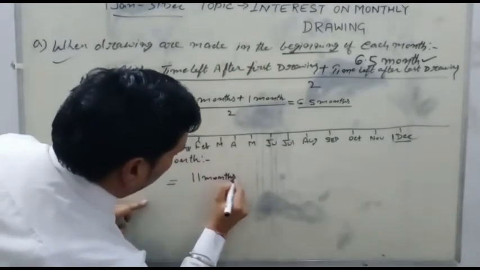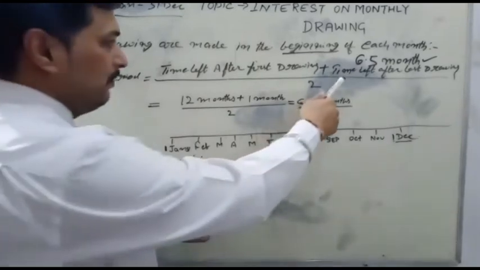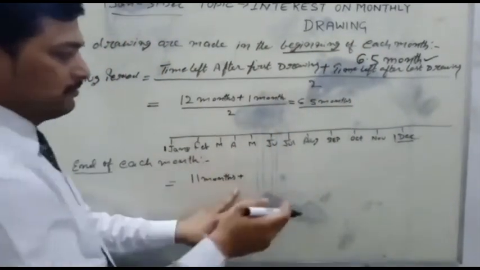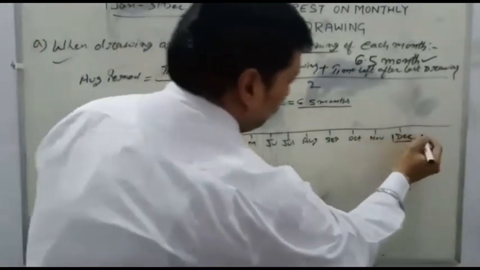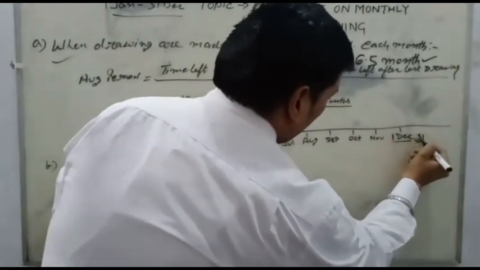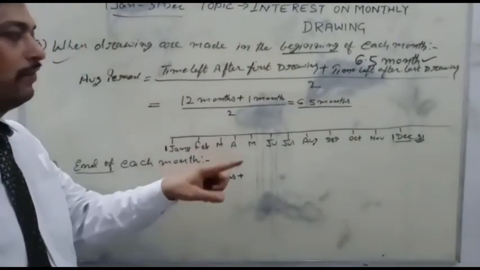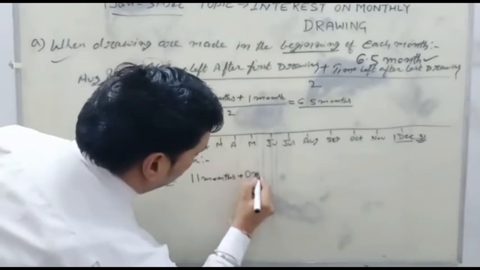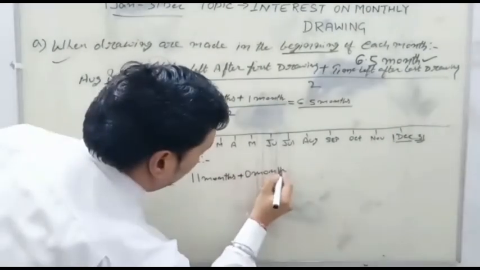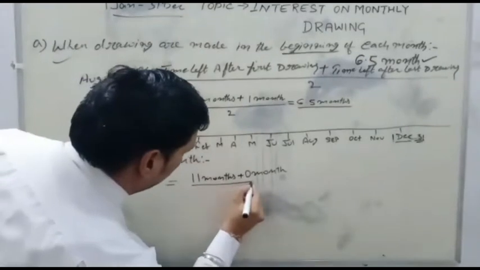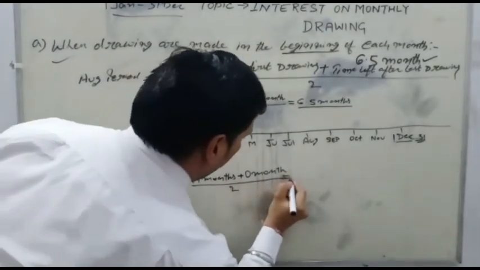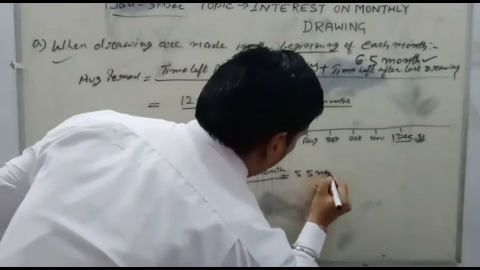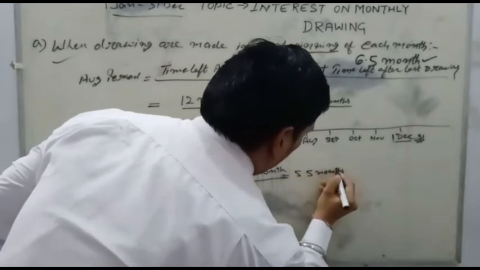Plus time left after last drawing, withdrawn at the end of each month, on 31st December, is 0 months. So 11 plus 0 divided by 2 is equal to 5.5 months. Understood?